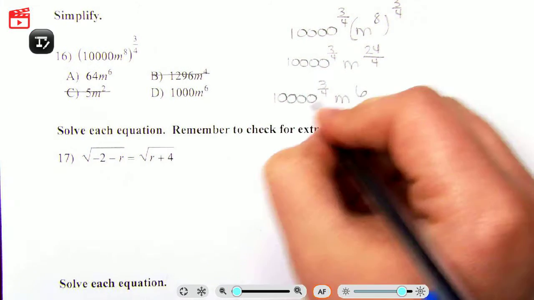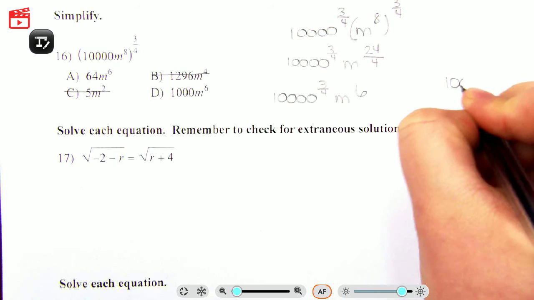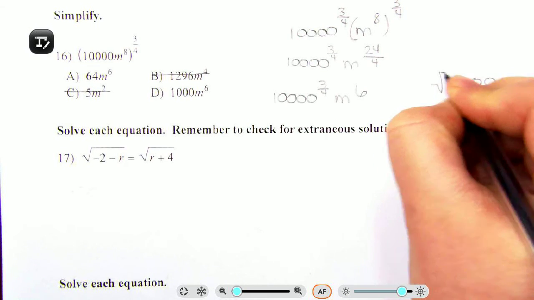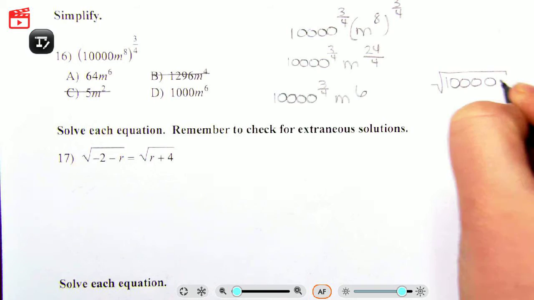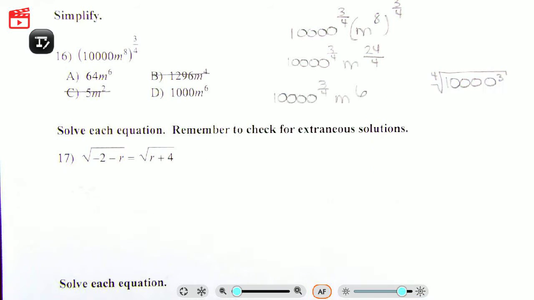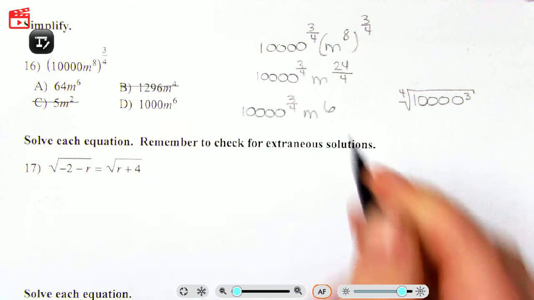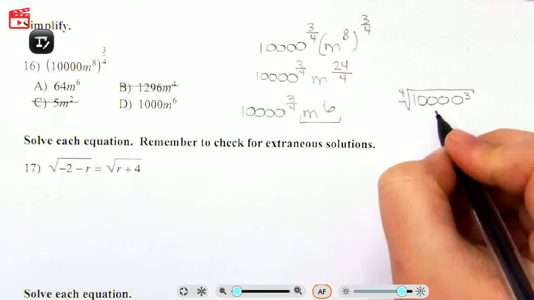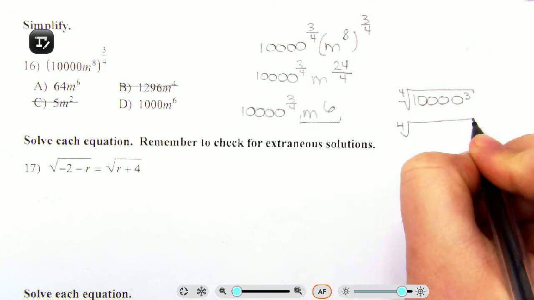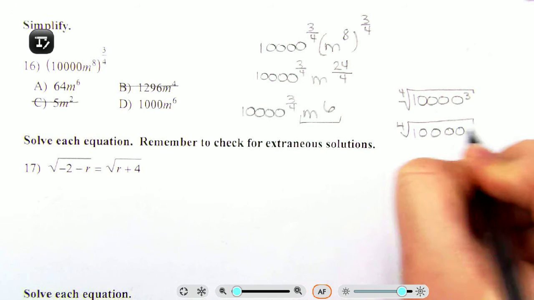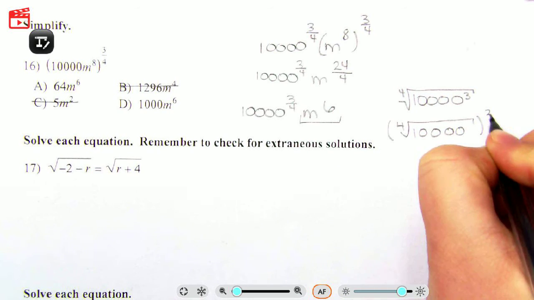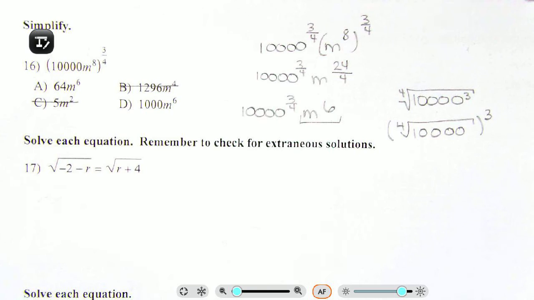Okay, so this here is 10,000. The power is 3. The index is 4. I'm going to omit the m to the 6th power since we already know what this is. I'm going to rewrite this because you can do something like this, which is pretty cool. You can write the power on the outside, which means it's that exact same thing.